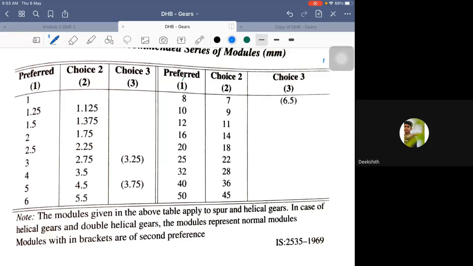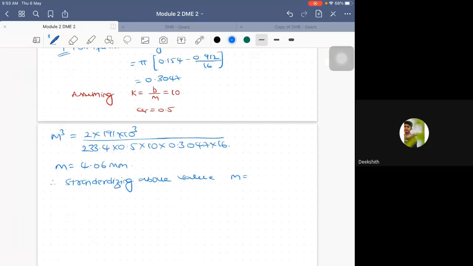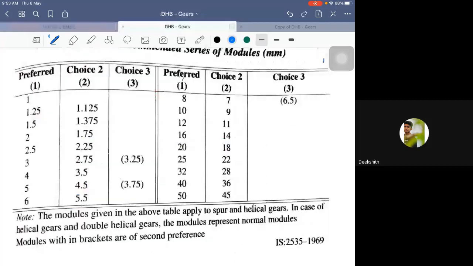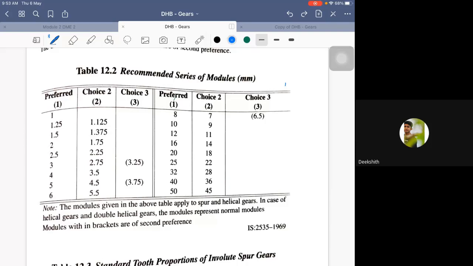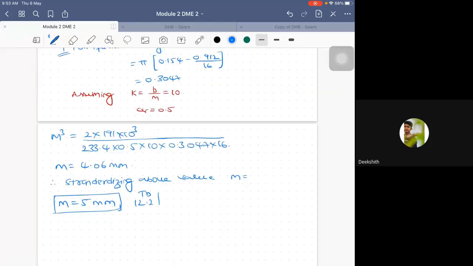Okay, so I can go with 5. So m is equal to 5 mm. Please mention the table number for everything, otherwise after that you would be in a confused mode, wondering where that particular thing has been taken. Around 29.